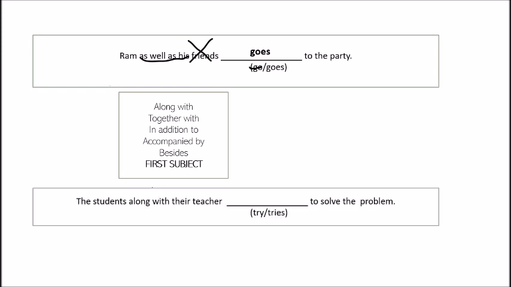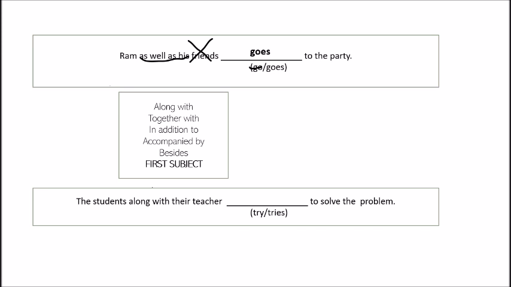Coming to the next example, the students along with their teacher dash to solve the problem. What are the two subjects here? Students and teacher. Students is plural, teacher is singular. So what is to be filled in the blank?